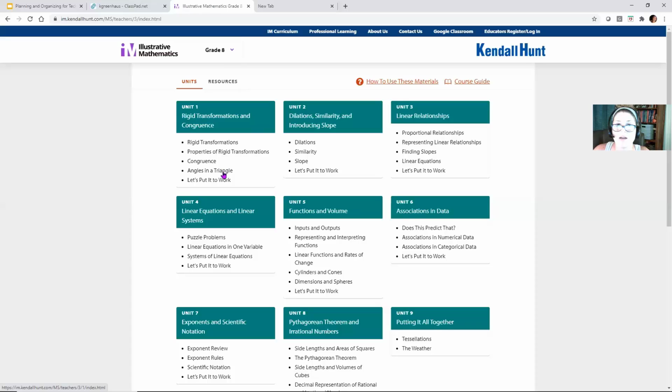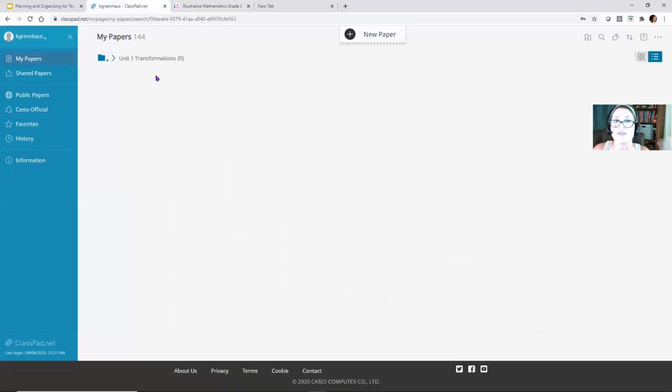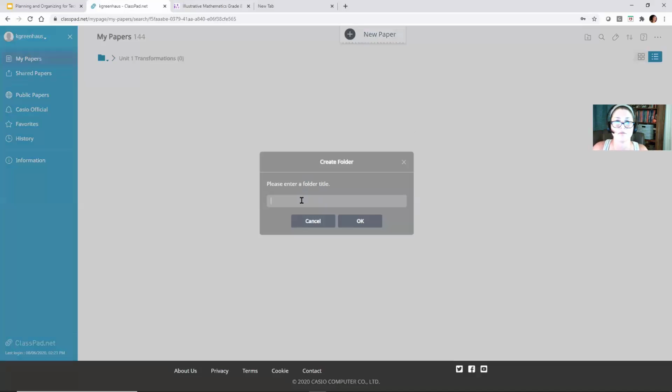I may not want angles in a triangle, so I may not have a folder for this one because maybe I'm not going to use technology. So this is where you think about what is going to work really nicely with technology. I definitely want a folder where I'm going to put some lessons that relate to properties of rigid transformations. Okay, so I'm going to make one folder inside of my Unit 1, and we're going to call it rigid transformations.